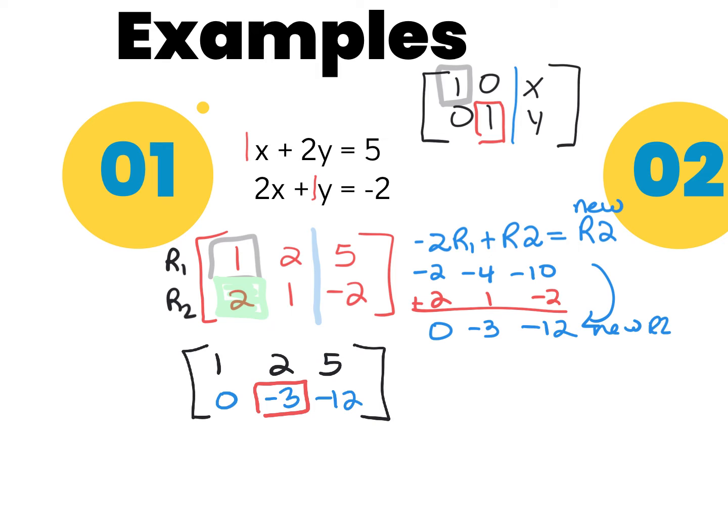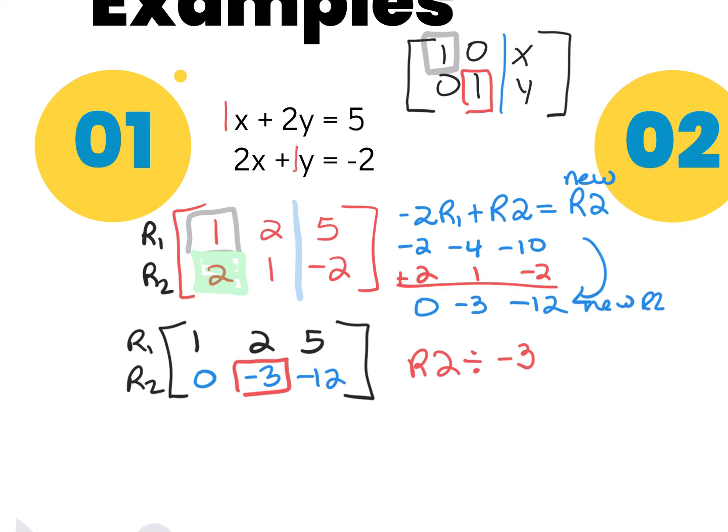My next row manipulation here is I'm going to take row 2, because again, we want to keep the labels here until we're used to this. I'm taking row 2 and dividing the whole row by -3. This is going to give me my new row 2.